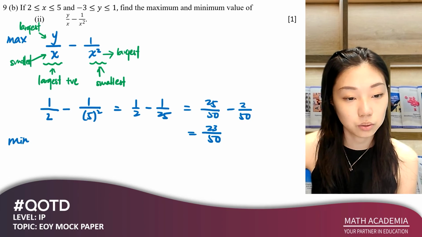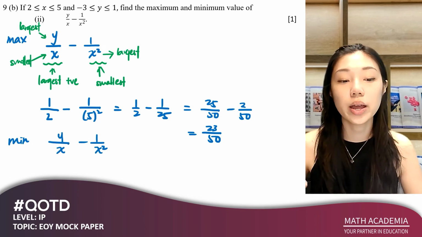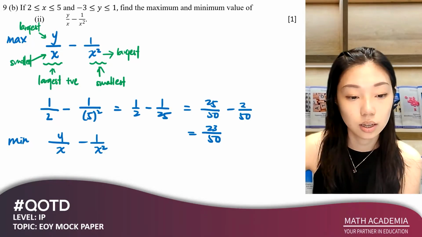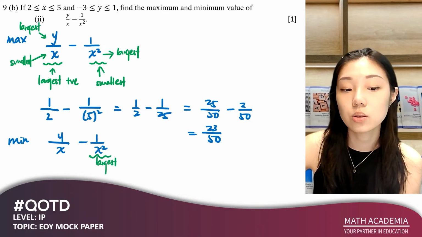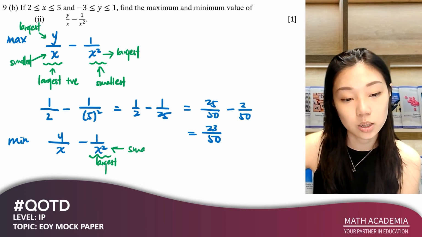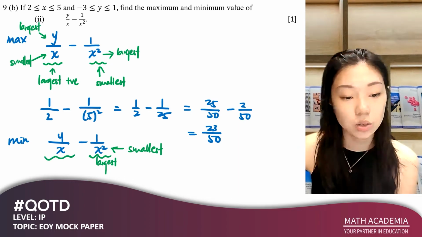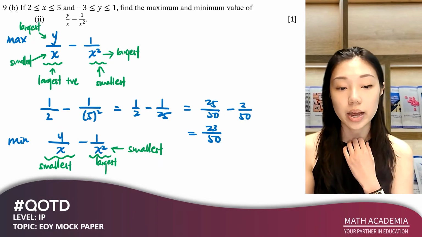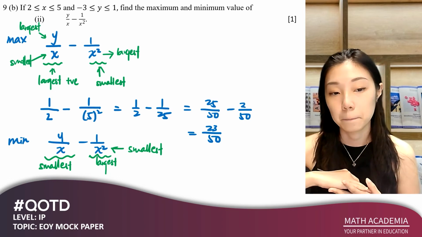Let's look at the minimum value. If I want it to be as small as possible, that would mean that I want this to be as large as possible. If I want this to be as large as possible, my denominator should be as small as possible.